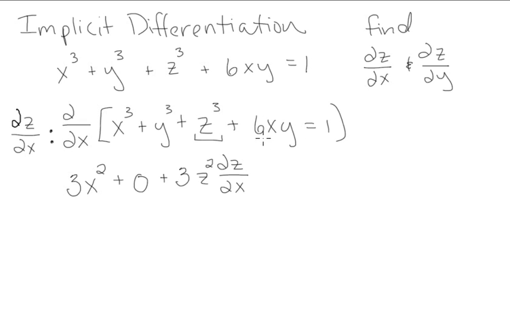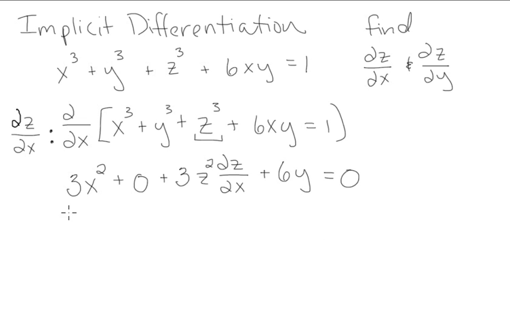And now I look at my final expression, 6xy. The derivative of x is 1. Y is unrelated to x, so we can treat it like a constant. I get 6y, and the whole expression is equal to 0.